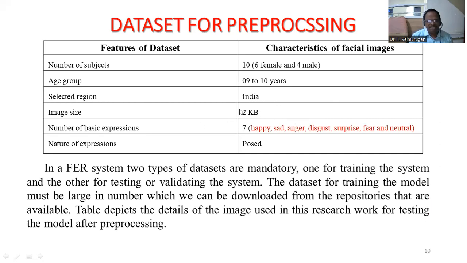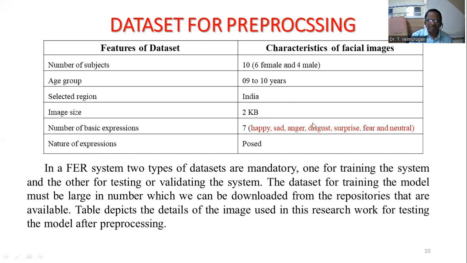Each and every image must be a minimum of 2 KB, and 7 basic expressions are analyzed: happy, sad, anger, disgust, surprise, fear, and neutral.